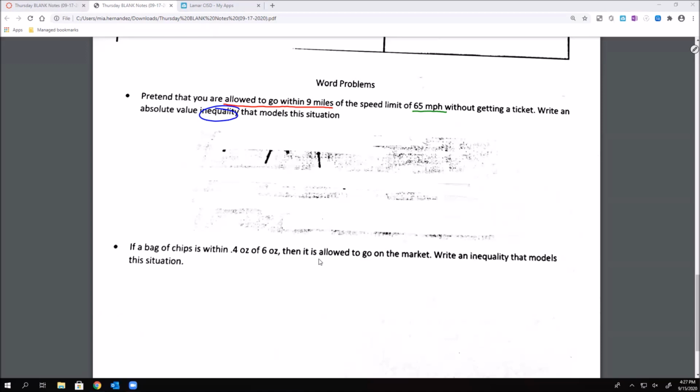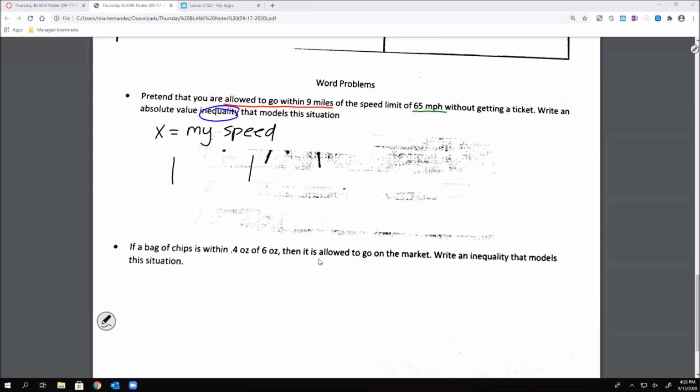So we're going to say x is how much I am going. So let's say my speed, right? Because we need a variable for this. So I already know it's going to be an absolute value inequality. In this case, I don't know if it'll be less than, greater than, equal to yet.